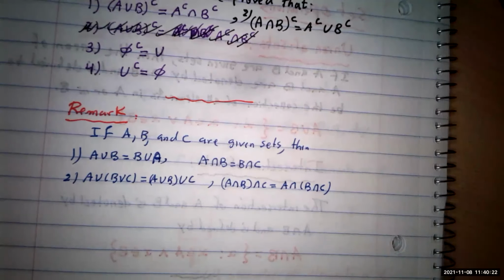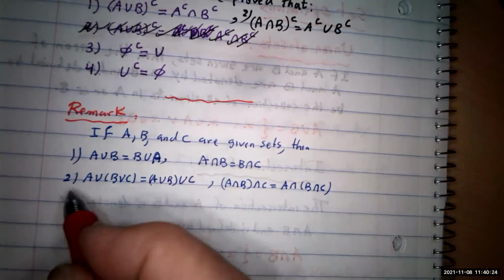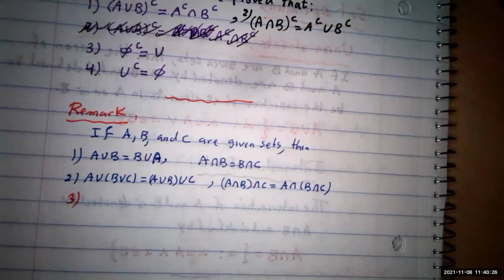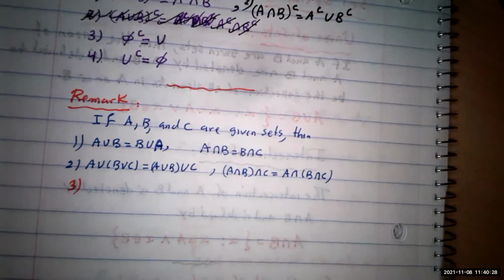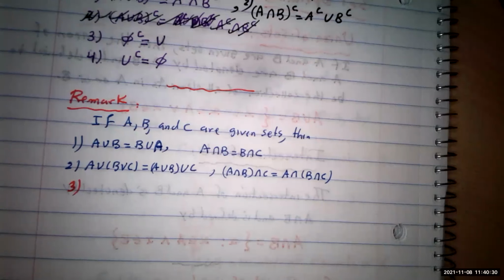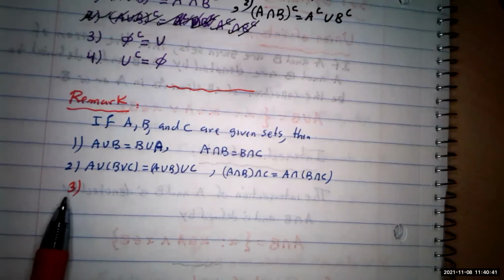The interesting one is this next one. We are going to give you something to verify for us. Verify means I give you the identity and a specific example, then you verify, not prove. You cannot prove anything with an example. But the third one is interesting, and we are going to have it in a minute.